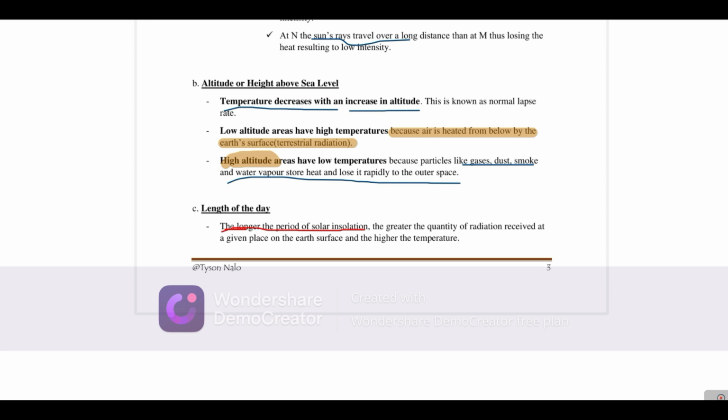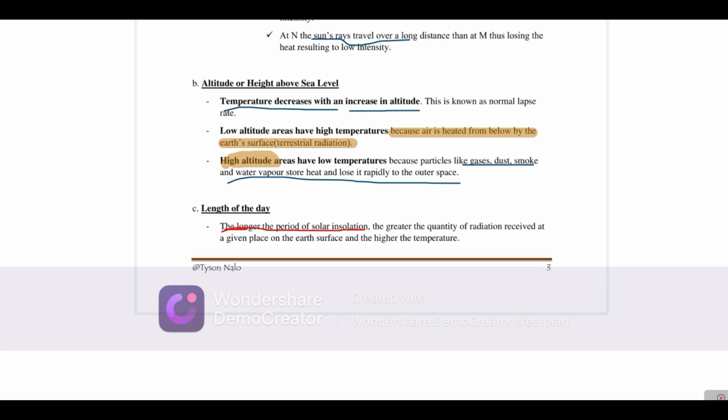Maybe it can be too long, maybe from 8 we have started receiving the sunshine, the rays, and it will go on until later in the afternoon without being interrupted by things like rainfall and others. So on that particular day, we are going to have a longer period of solar radiation or insolation.